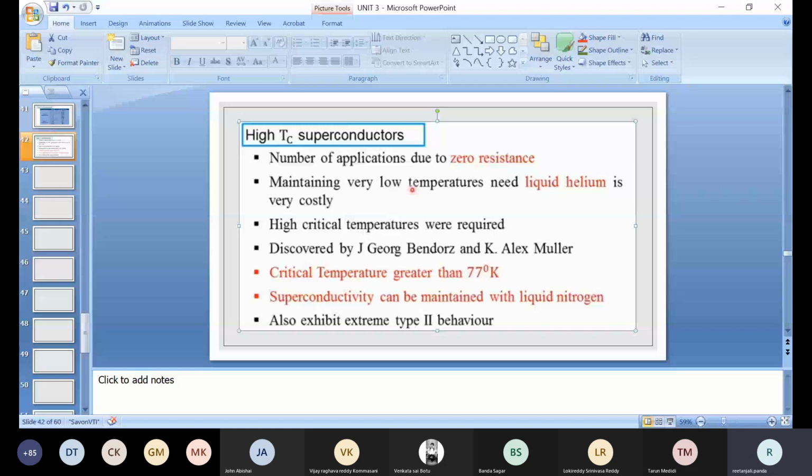Remember, liquid nitrogen. This liquid helium or liquid nitrogen is very costly, and working with it is also a dangerous process. They are very explosive in nature, so any little mistake can lead to a very big accident. That is what is very critical over here.